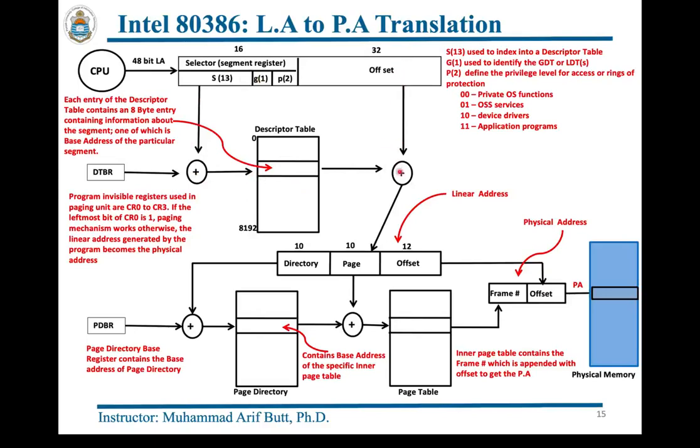And this offset is then used to do all the paging thing, the page directory and the page table and the offset within the page table and so on, and then finally we reach the physical address. So this is how the 8386 maps the 32 plus 16, maybe 48-bit logical address to the physical address.